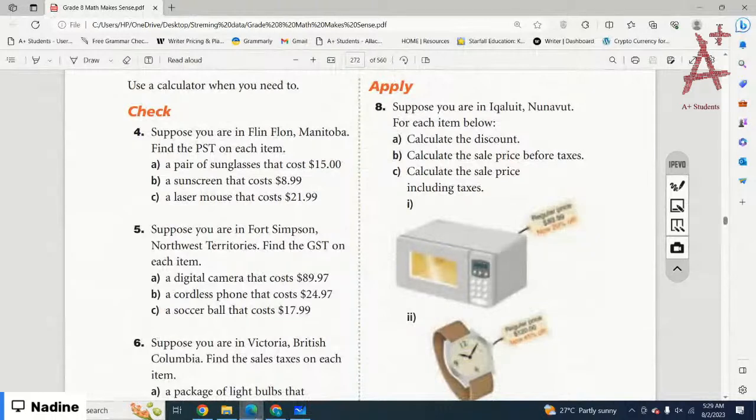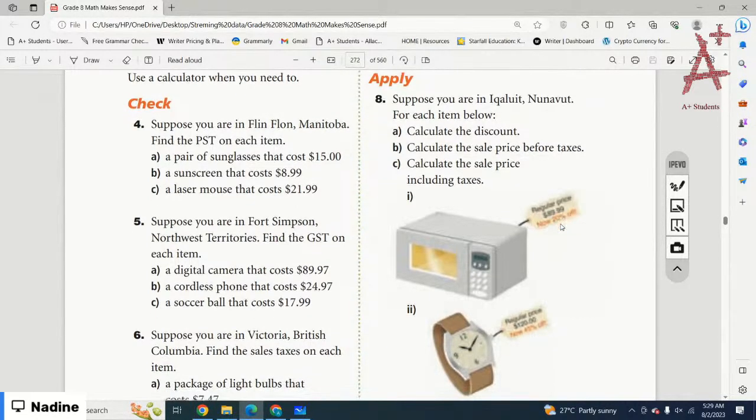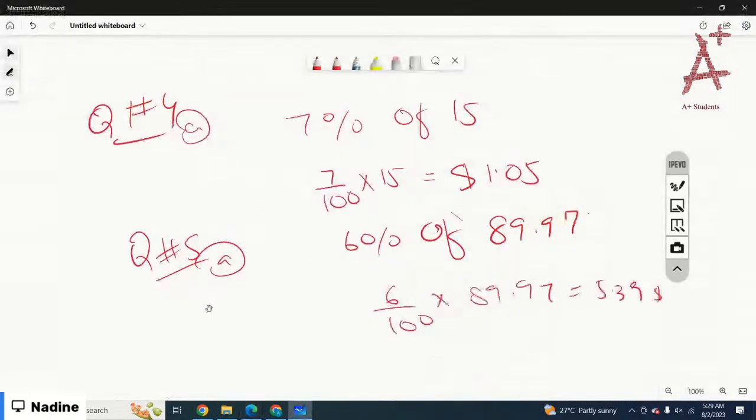Okay, the regular price is, I think, 89.99. Now 20% off. Originally it is 89.99 and now it is 20% off. Just calculate the discount.